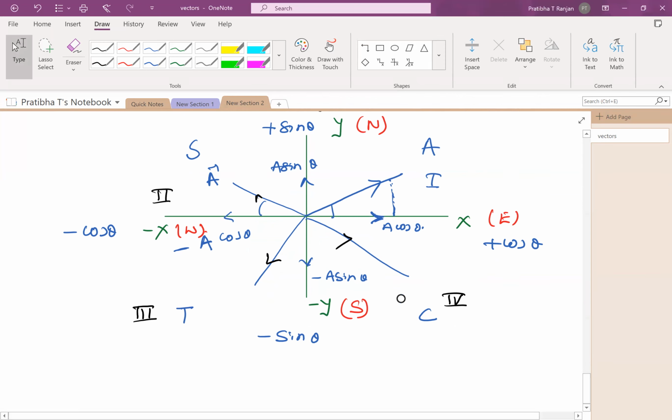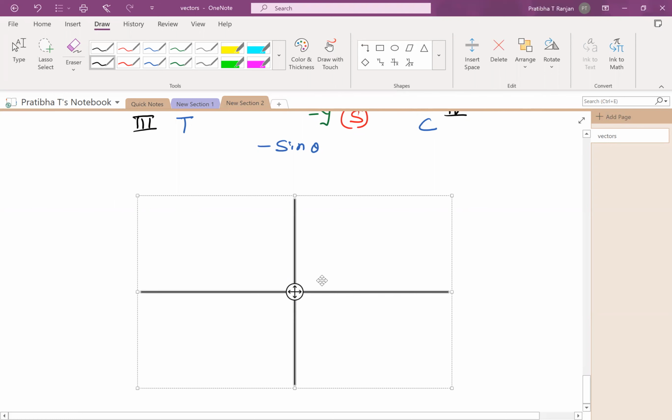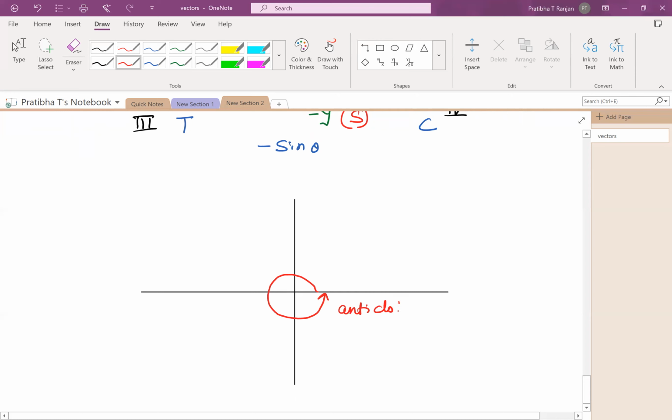One more thing is there, that trigonometric formula. There is an angle rotation, right? When you go from this side to this side, this is your anti-clockwise. So that time this is 90, this is 180, this is 270, and this is 360, right? This is your plus 90, this is your plus 180, this is your plus 270 and plus 360 and 0 degree, right?